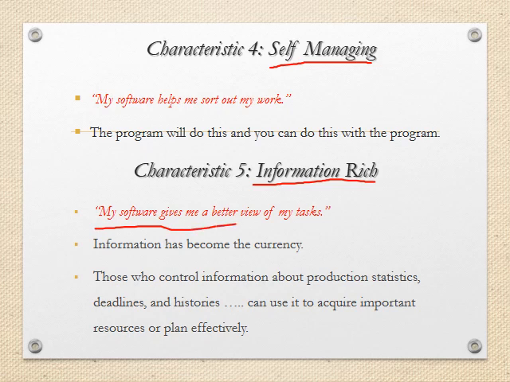My software gives me a better view of my task. Information has become the currency these days. Those who control information about production, statistics, deadlines, and histories can use it to acquire important resources or plan efficiently. So if you have the knowledge, you have the information, you can plan and be more productive.